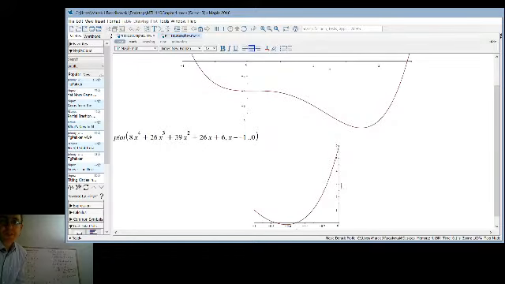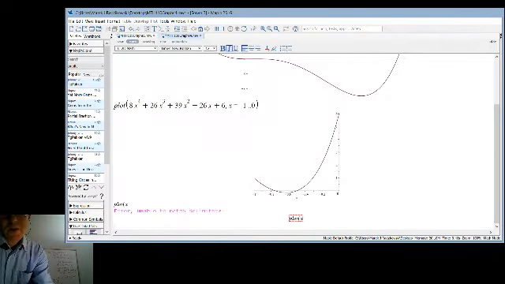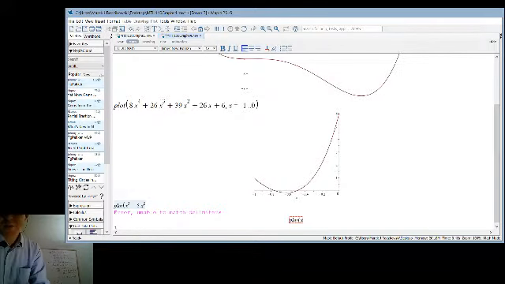So let's go to our case here. So I'll plot this function x cubed minus 5x squared plus 2x plus 1.